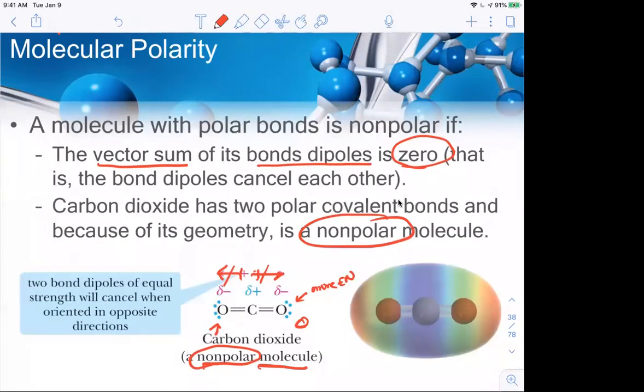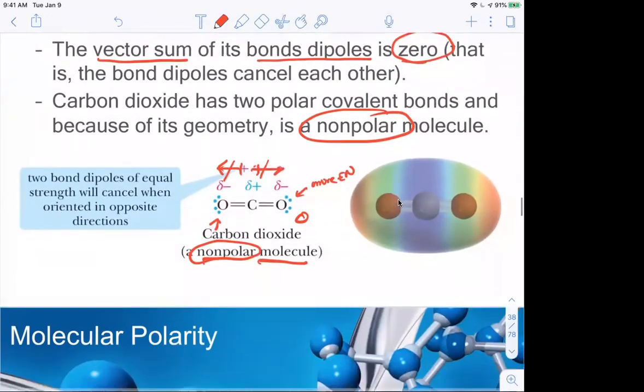Remember carbon tetrachloride? If you watched the mini lecture that I did on this topic in the review section, we talked about carbon tetrachloride. That was also a non-polar compound that has polar bonds.